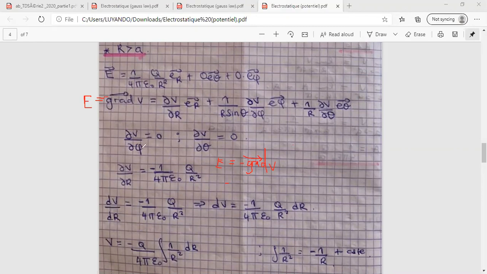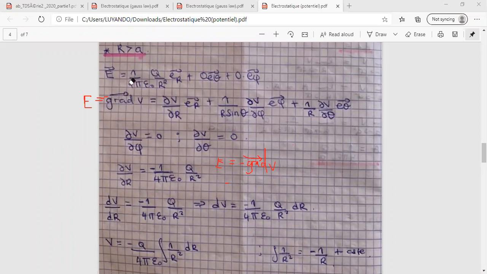So this is where this expression comes from. So I'm going to have dV over dr equal to negative 1 over 4 pi epsilon 0, q over r squared.